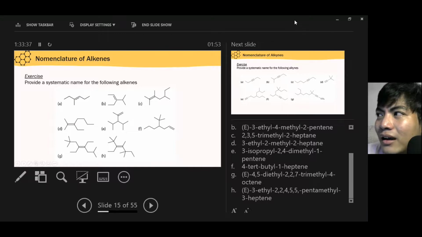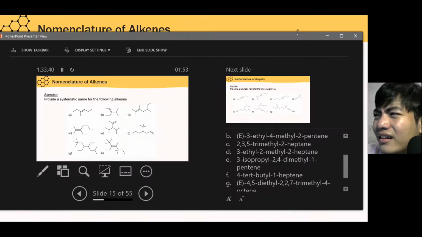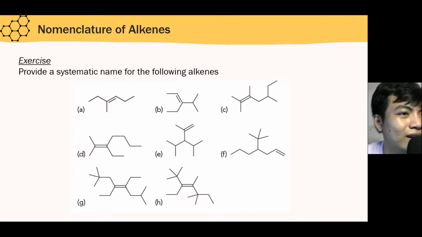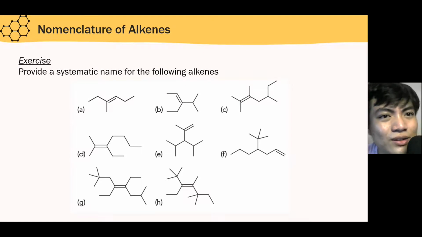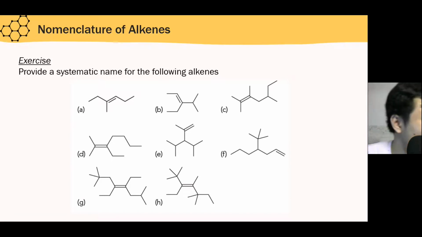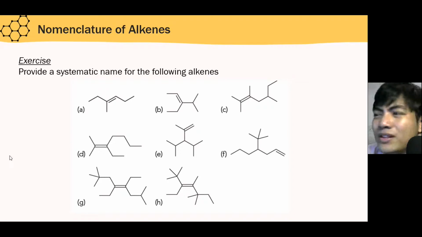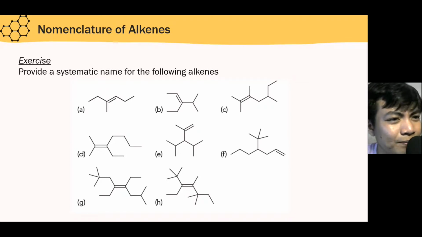Okay. Anyway, let me bring it back here. Ayan. With that in mind, I guess we can start na. So again, I will just answer items A, B, and C. So let me use my whiteboard.